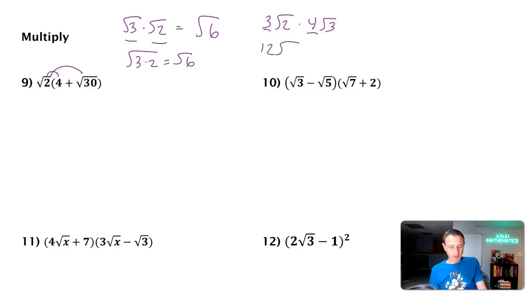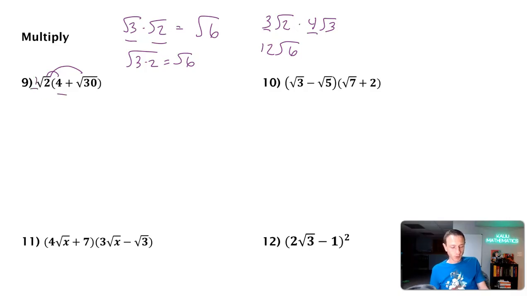And then I would multiply 2 times 3 and get 6. So I'm not doing square root of 2 times 4 to get square root of 8, because 4 isn't inside a radical. It's technically 4 square root of 1, but I don't multiply the 4 and the 2. I multiply the numbers on the outside together.